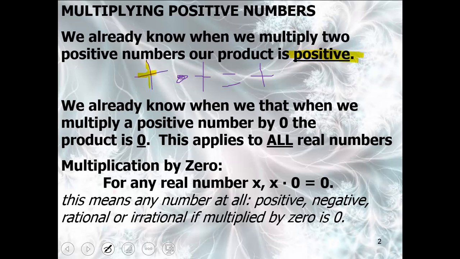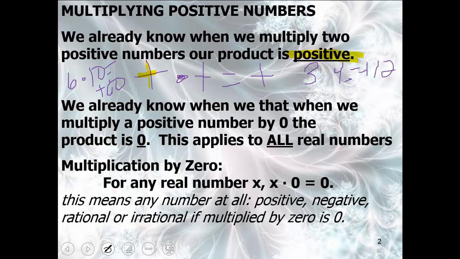So if you have 3 times 4, that's a positive 12. If you have 6 times 10, that's a positive 60. That's what we have been doing ever since we've been learning math facts.